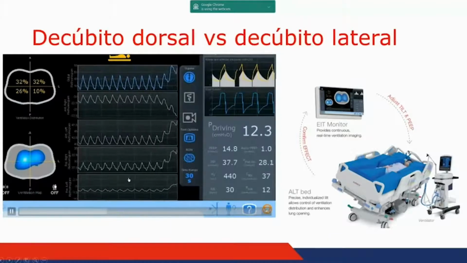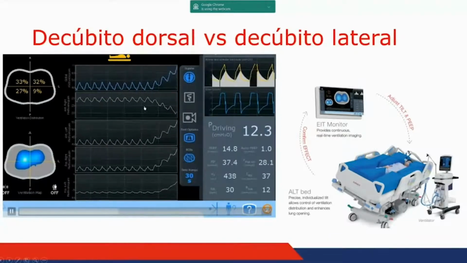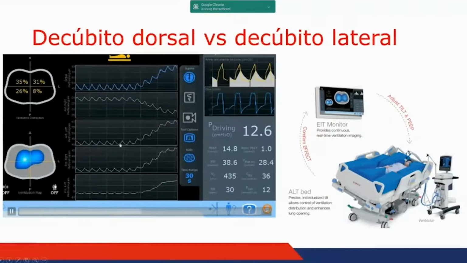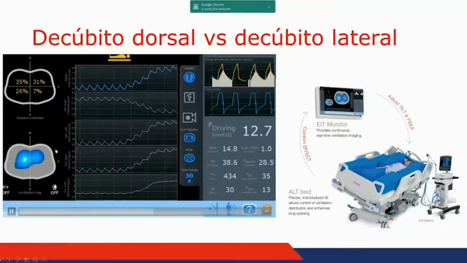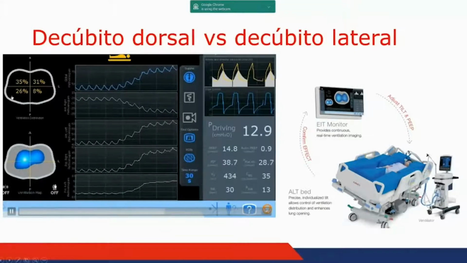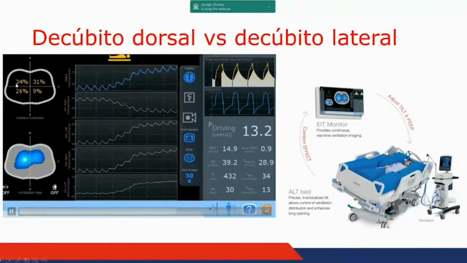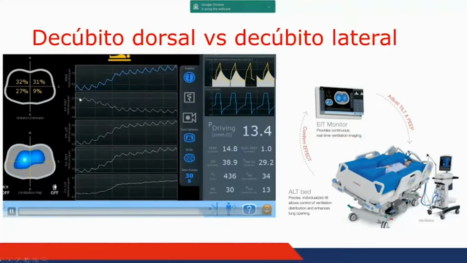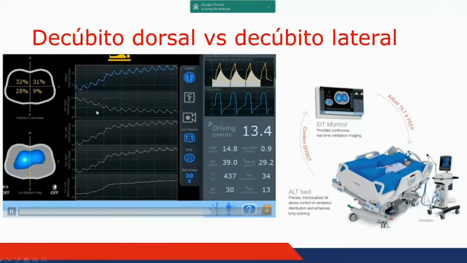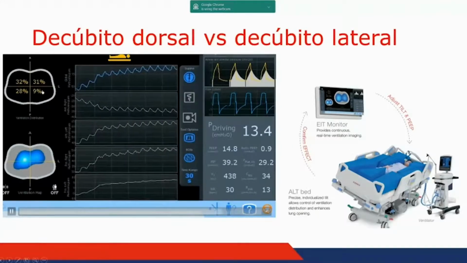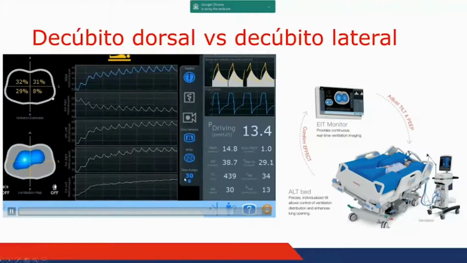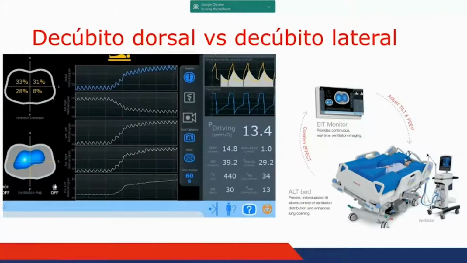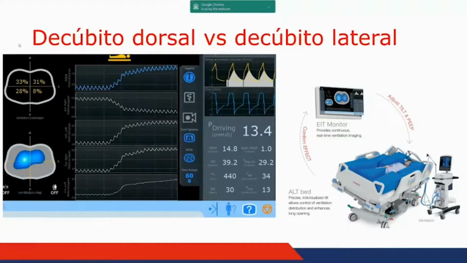Now we are tilting the bed, and as you can see, we have an increase in FRC in the plethysmogram of the regions which are in the non-dependent position, and in this case are the right lung regions, while I have a decrease in the plethysmogram in the regions that are going to be downwards. And as a result, you can obtain some recruitment in those regions that stay upwards.